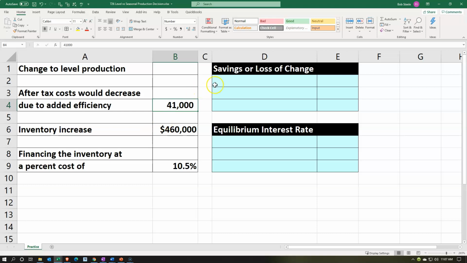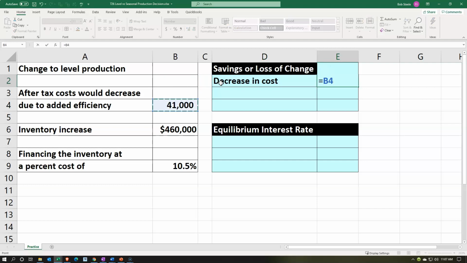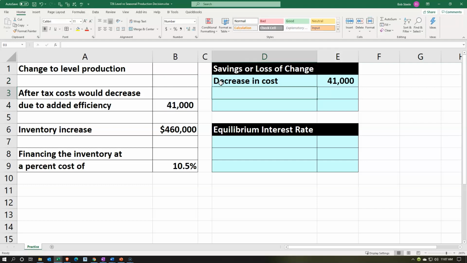If we think about this from a static standpoint, there's a decrease in cost: we're going to save this $41,000. But the increase in financing cost is going to be the $460,000 times the 10.5%.